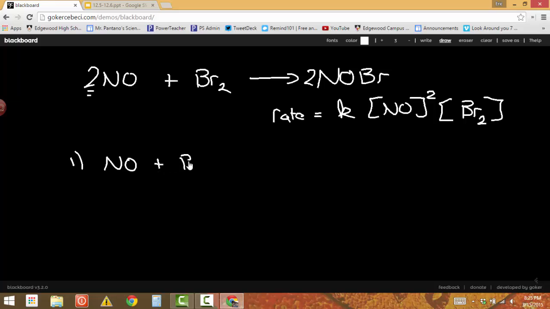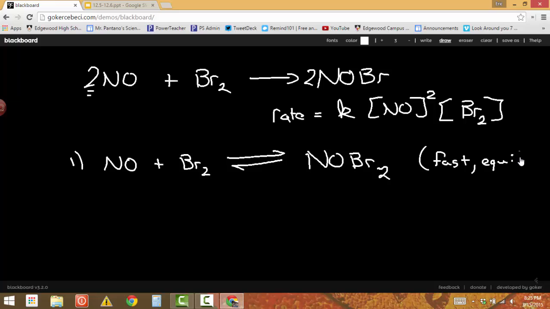NO plus Br2. Now this is a very interesting reaction. Okay? This is very fast, and it reaches equilibrium. Okay? Equilibrium.